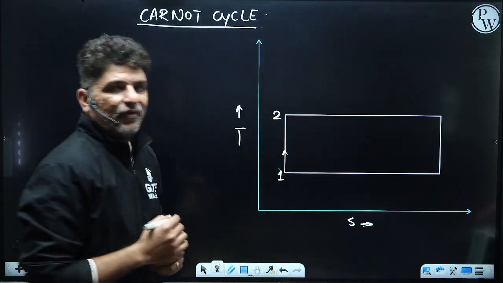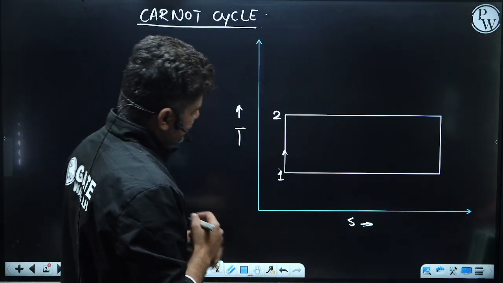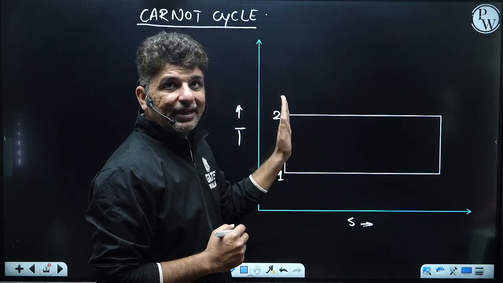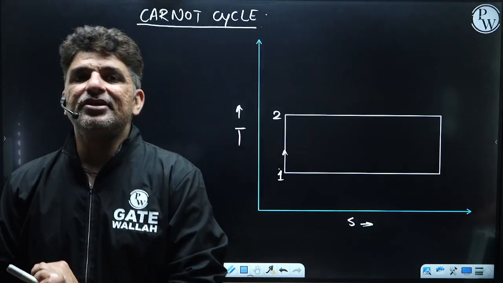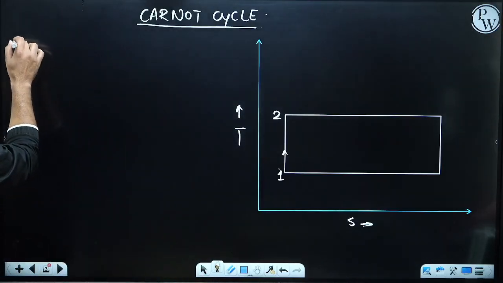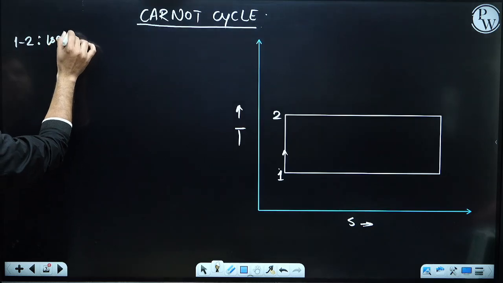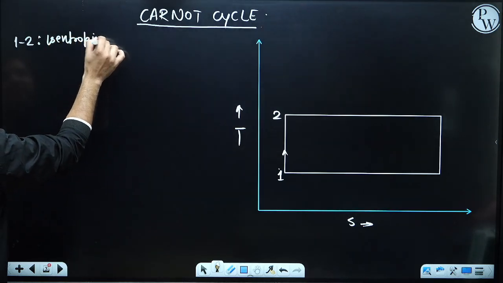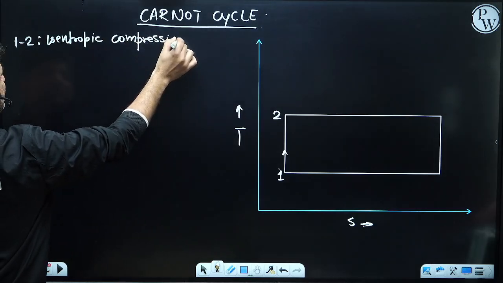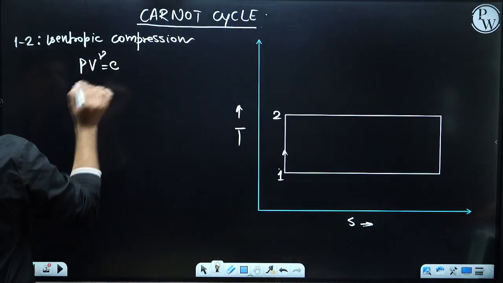The first process is called isentropic compression. If you see over here, the entropy remains constant, and there is an increase in temperature. This process 1 to 2 is called isentropic compression. It is governed by a law of thermodynamics written as PV to the power gamma equal to constant.